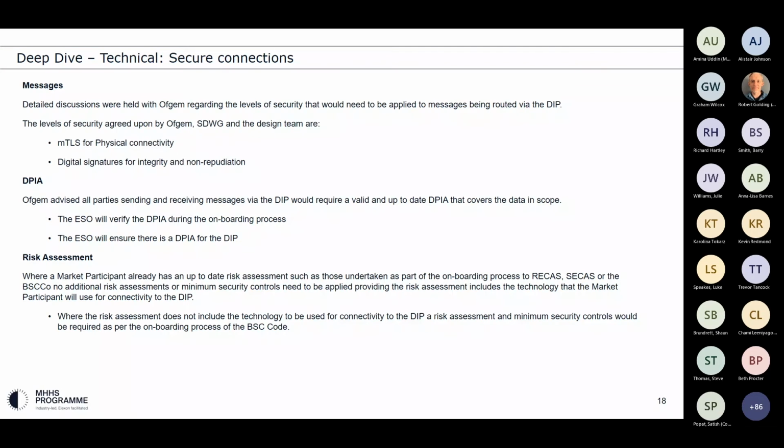So I think this is probably one of the more interesting slides for the market participants, as it lays out what is required in terms of connecting through to the DIP.